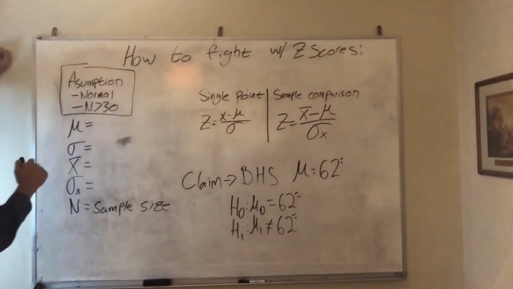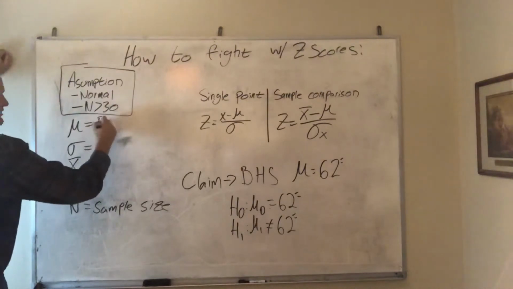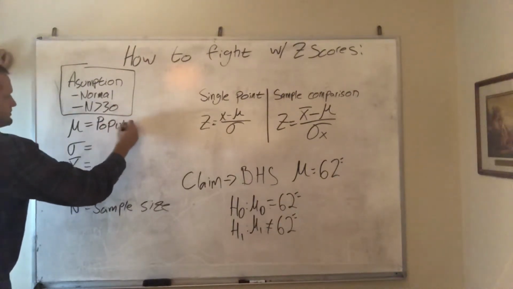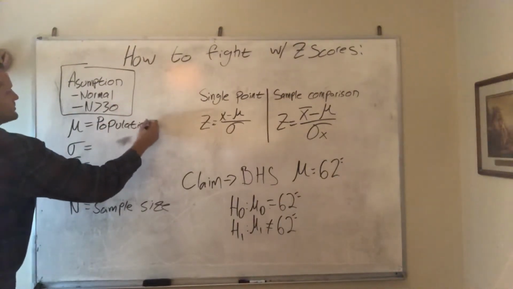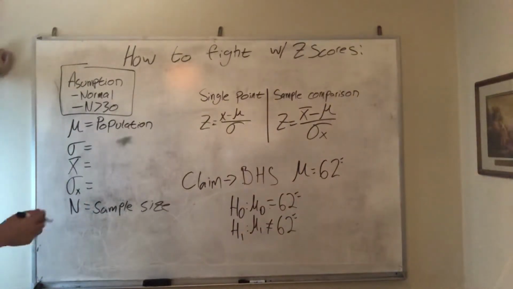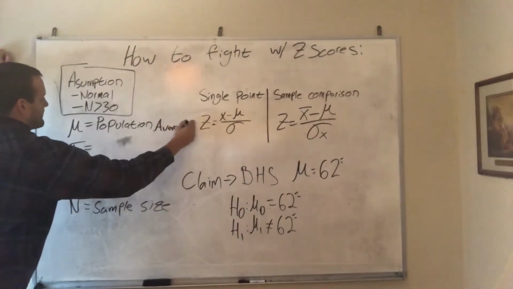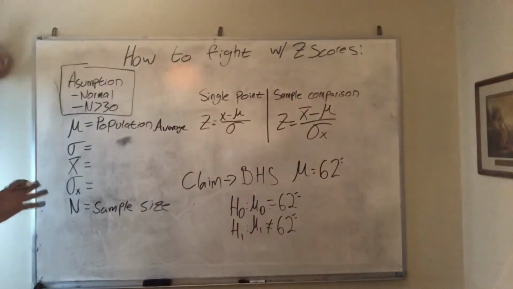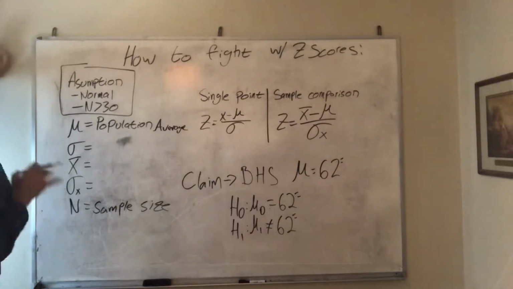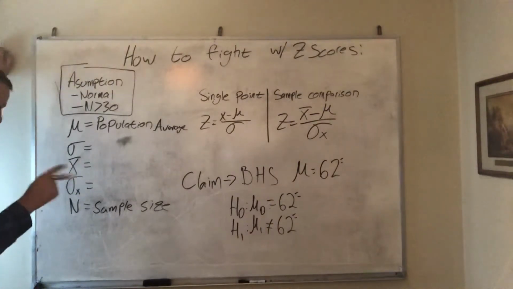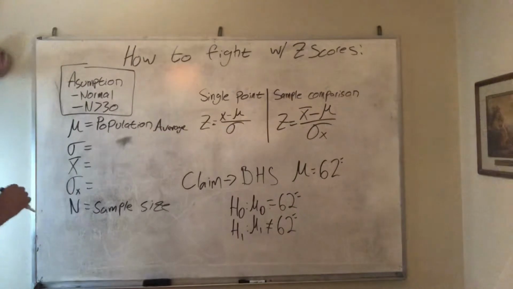Mu is your population average, or the average that you've been given before you do any testing, okay? That's the population that's given. That's what you're trying to say is either right or wrong. Your standard deviation.